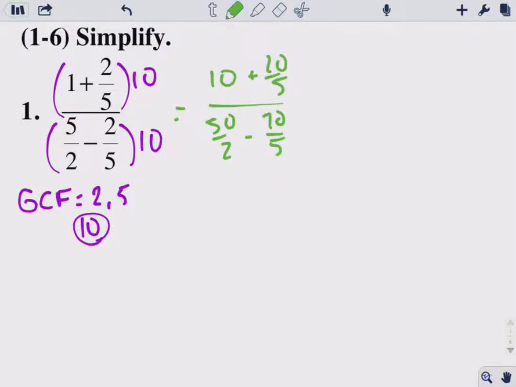Okay, and I can simplify those things. 20 divided by 5 is 4, 50 divided by 2 is 25, and 20 divided by 5 is 4. So I'll get 14 over 21, which reduces by 7, so I get 2/3.